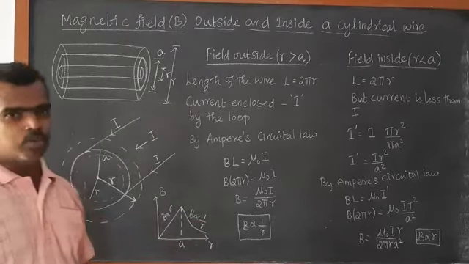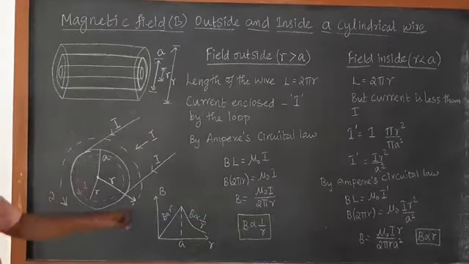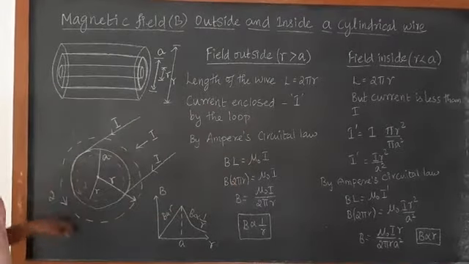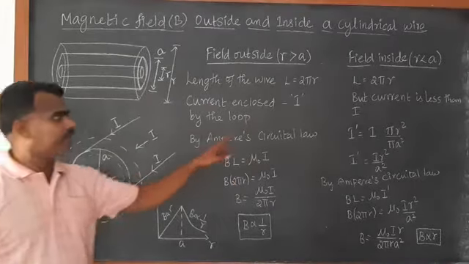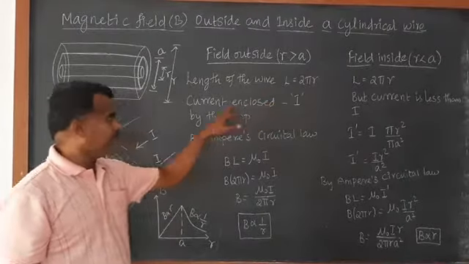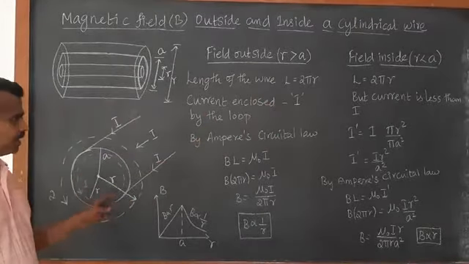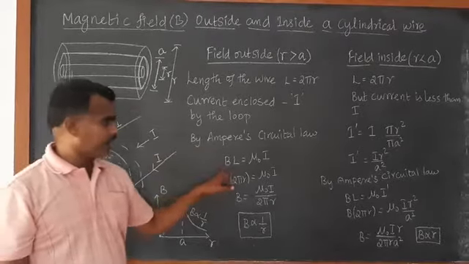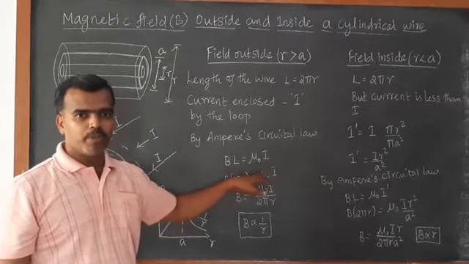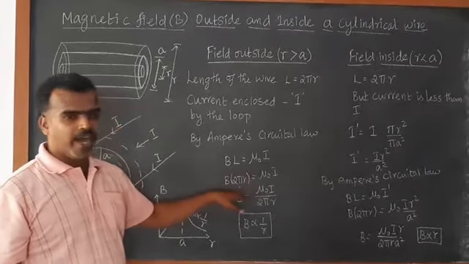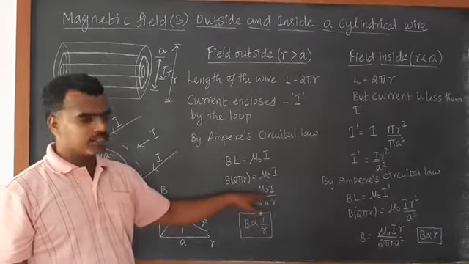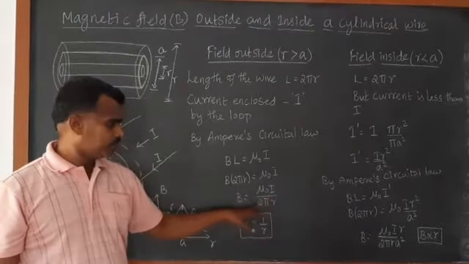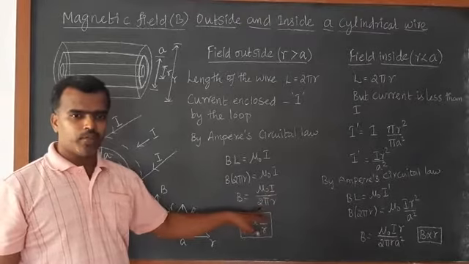Move on to the outside. Outside means the second Ampere loop. What is the length of this loop? The circumference, L, is equal to 2 pi r, and the current enclosed by it is I. By Ampere's circuital law, we can write B into L is equal to mu naught into I. So B into 2 pi r is equal to mu naught I. Therefore B is equal to mu naught I divided by 2 pi r.